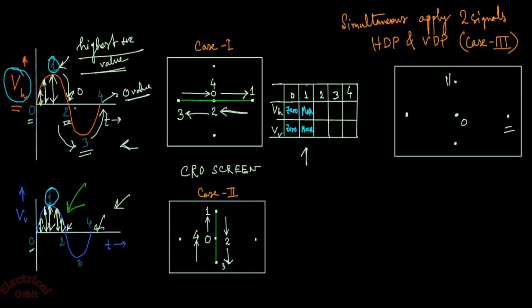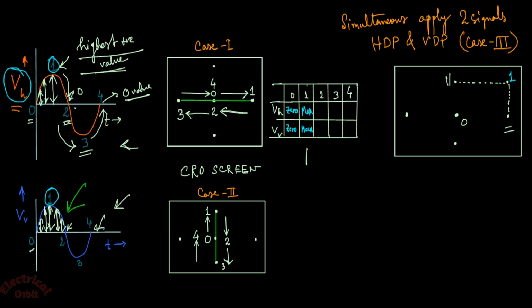When both are at the maximum position, the output point will be both horizontally positive and vertically positive. So your point number 1 will be here.